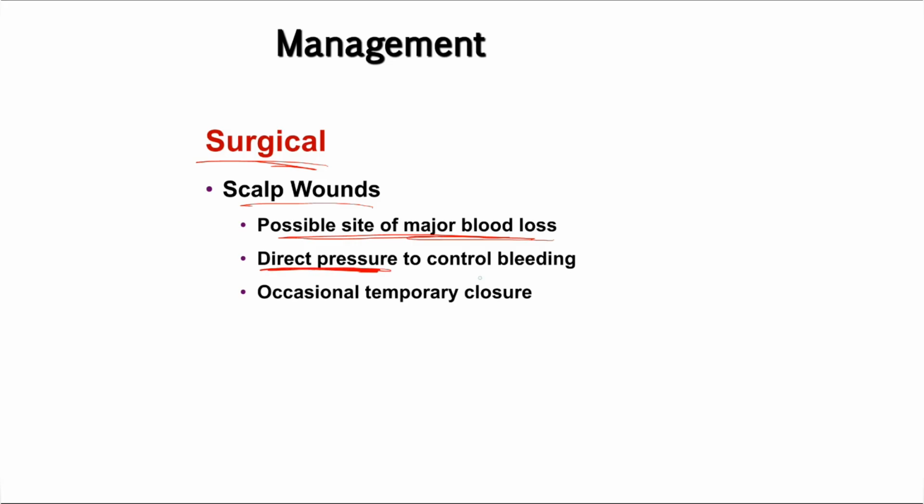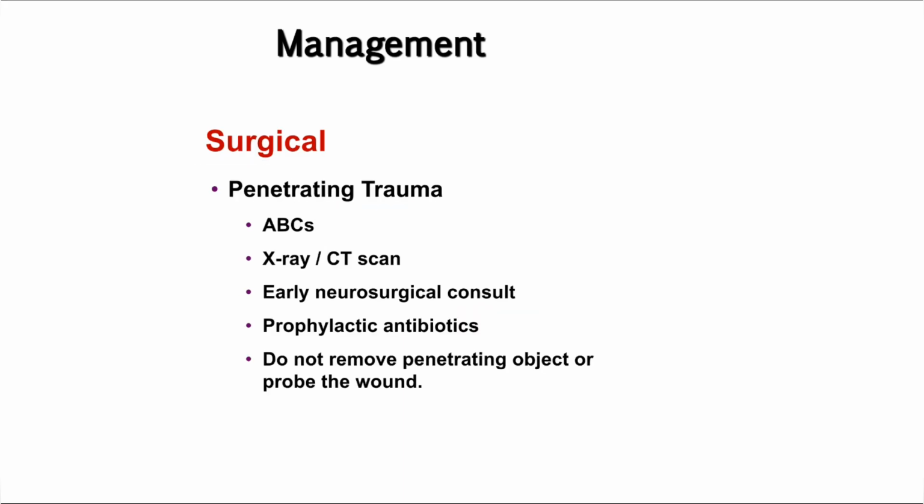So direct pressure to control the bleeding. Sometimes you may occasionally do a temporary closure in order to prevent further bleeding. Any penetrating trauma, you have to do an ABCD, and then do X-ray or CT scan to know the extent of injury.